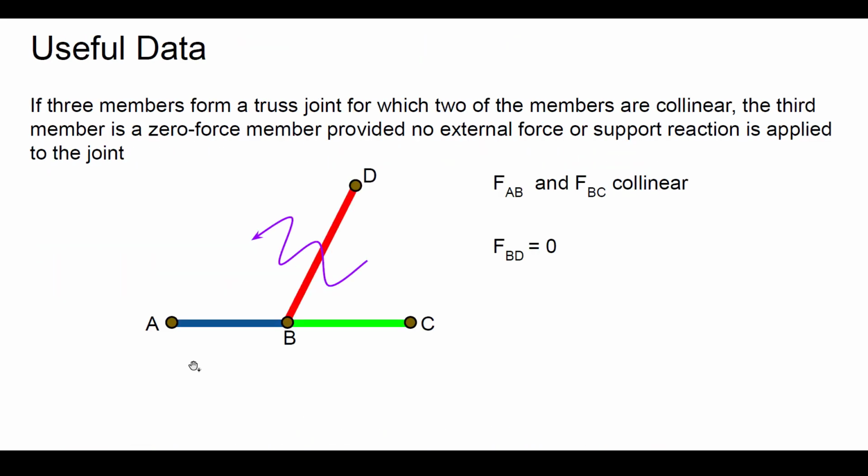Let's go ahead. A little bit of useful data for this particular problem: if you are given three members meeting at a point B, assuming there is no external force or any support reaction at this joint, and if any two of those members are collinear, like here AB and BC are in the same line, then the third member, no matter whatever its orientation, will always carry zero force.